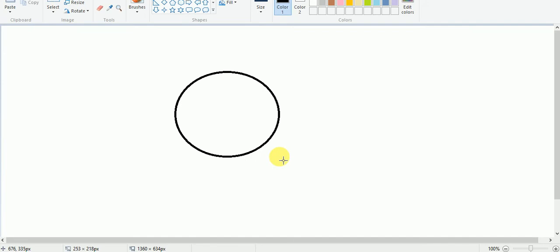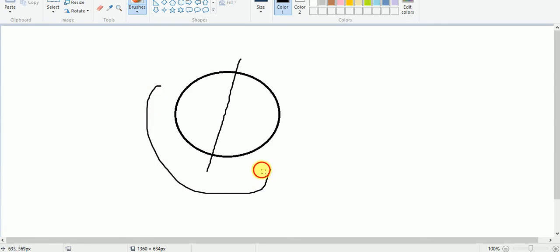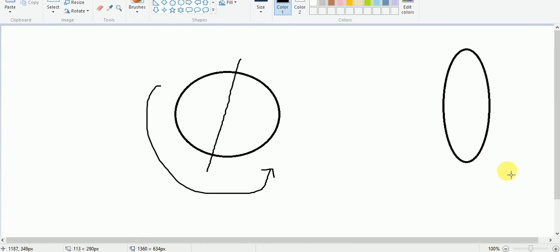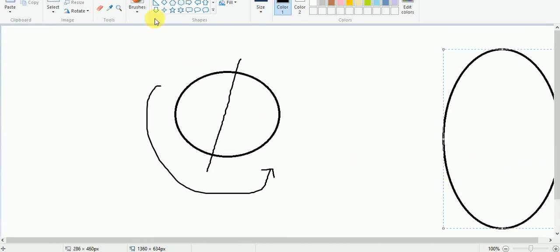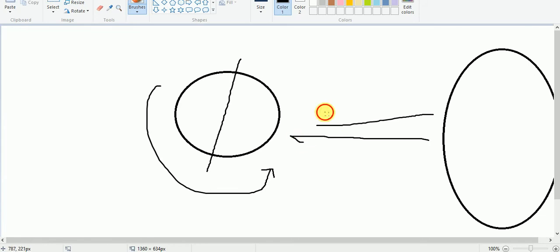Suppose this is the Earth, and the Earth is rotating. This is the axis, and the Earth is rotating on its own axis from west to east. Because of this we have daytime and nighttime, as you have learned earlier. Let us suppose the Sun's rays are striking this side of the Earth, and hence this side is the daytime, and the other side is the nighttime.